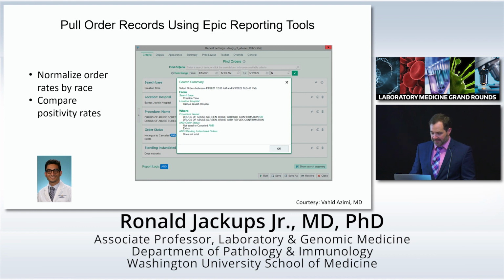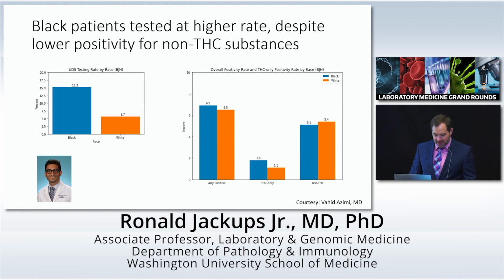race and compare positivity. And it did show, first of all, that black mothers were being drug tested more frequently than white mothers. And it's no contest. You don't need a p-value to see that this is a problem.